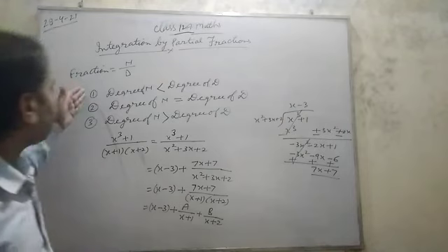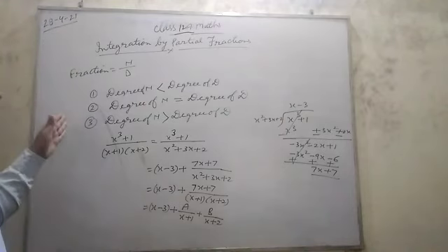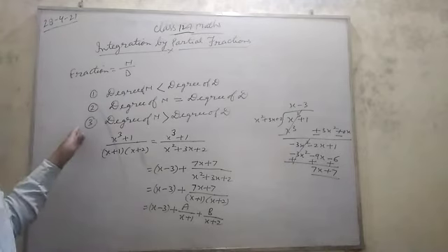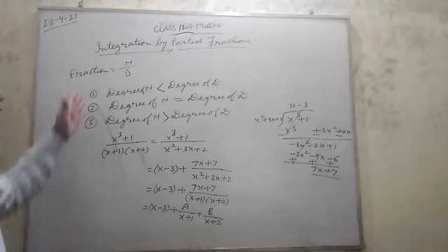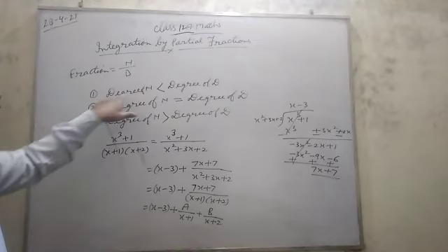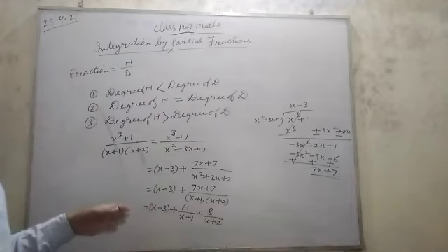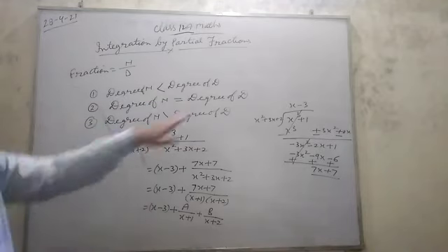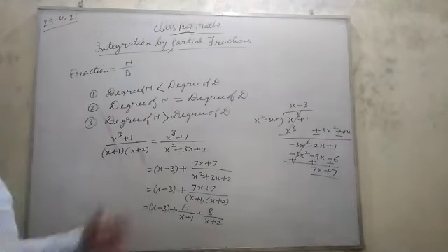So three types of rational functions are given in exercise 7.5. First you identify the type. If the first type is given, then directly you write a upon plus b upon, like that. But for the second and third, first you divide and convert it into the first form, and after that you integrate it.